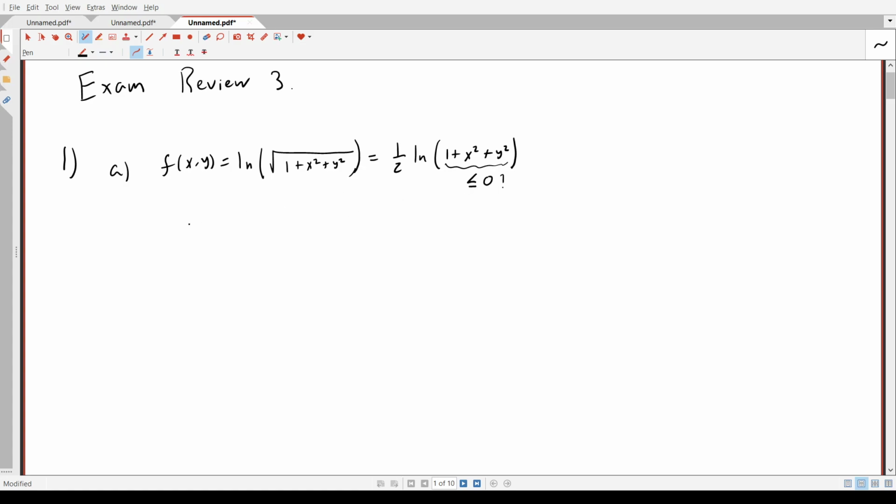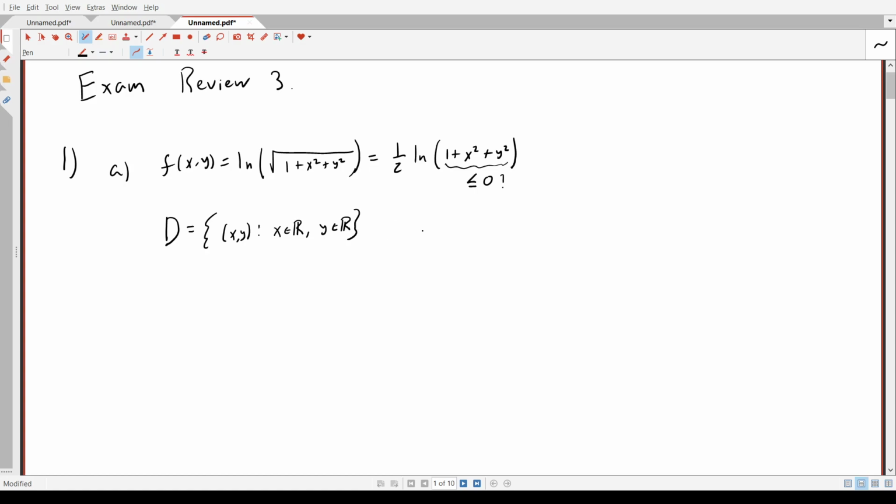So the domain is the set of all possible values x, y, such that x is any real number and y is any real number. There's a number of ways of writing this.